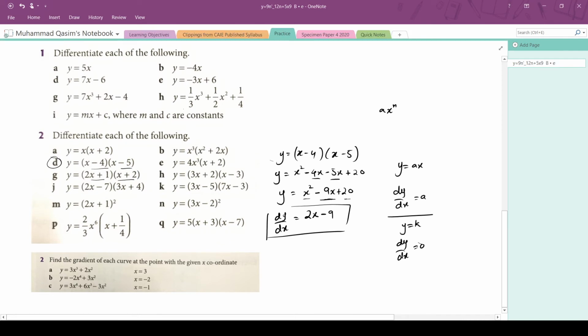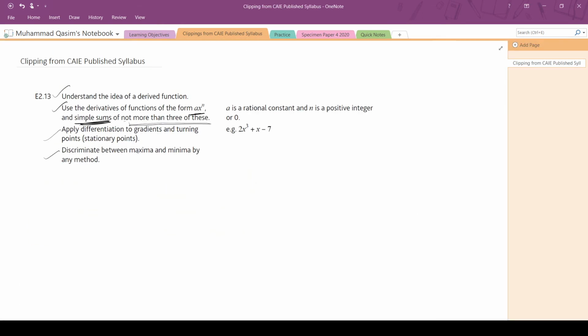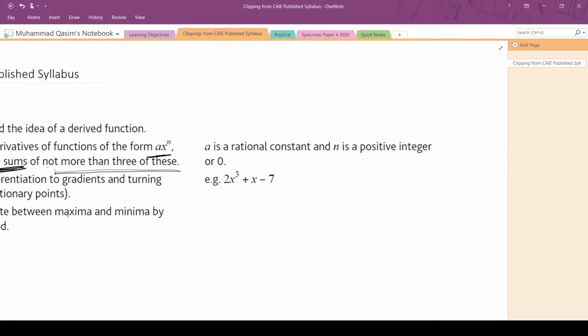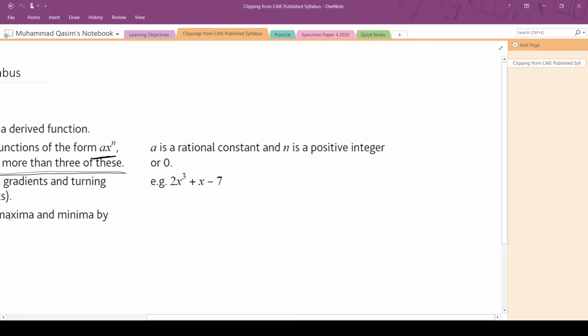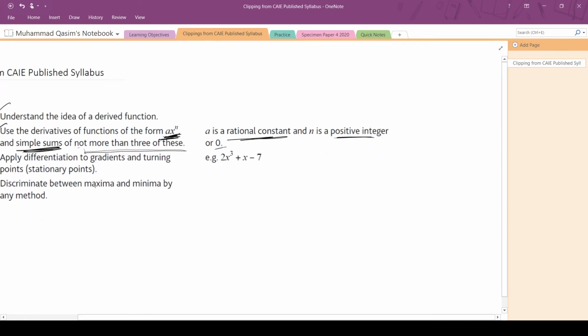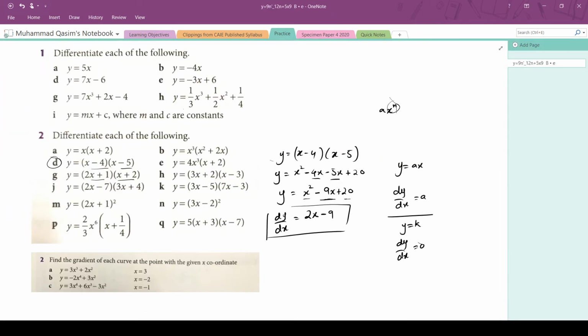Remember, you're not going to get a negative power of x. Refer back to the clippings from the Cambridge syllabus. Here it elaborates that ax to the power n, where a is a rational constant and n is a positive integer or 0, which means clearly you're not going to get any negative value of n.